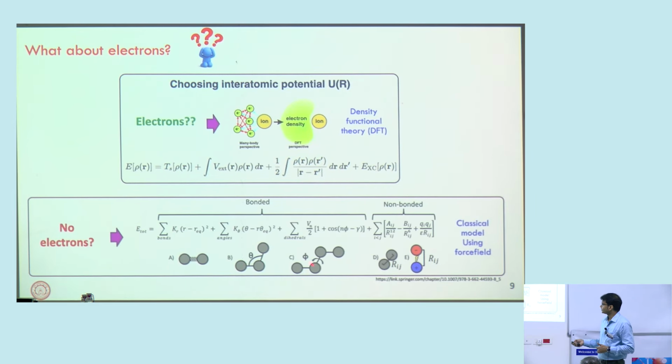If you have no electrons, we have already discussed, this is a classical description, and with electrons we have this quantum mechanical or quantum chemical description. And there is a method called AIMD, ab initio molecular dynamics, which combines this classical motion along with your electronic motion.